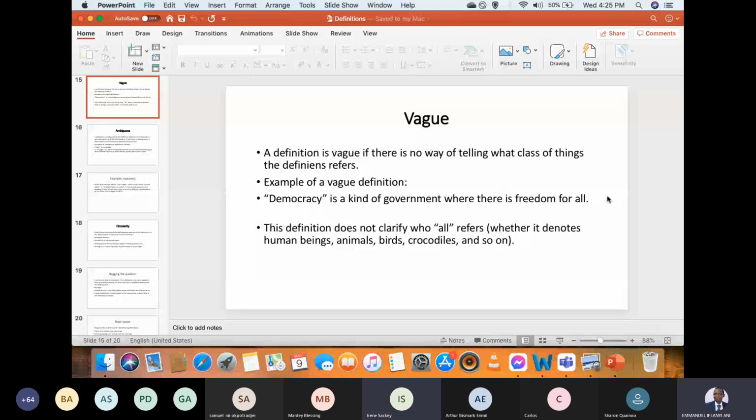So when you say democracy is government where there's freedom for all, it generates vagueness, because you didn't say it's for all human beings, or for all the citizens of a constituency or country.